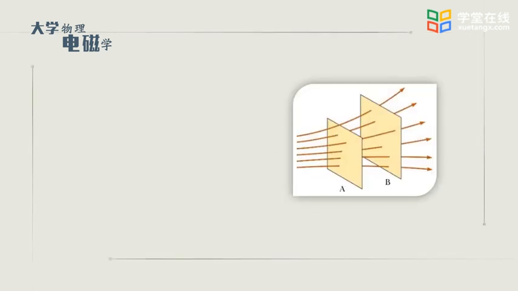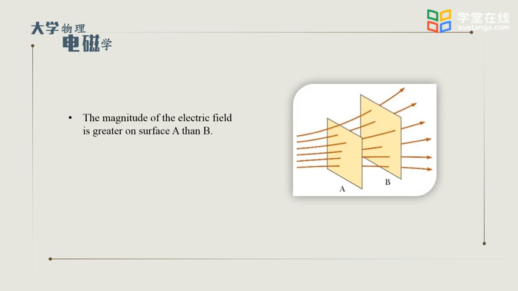For example, this figure shows the density of lines through surface A is greater than through surface B, indicating the magnitude of the electric field is greater on surface A than surface B. We also notice that the lines are curves, suggesting the directions are different at different locations.